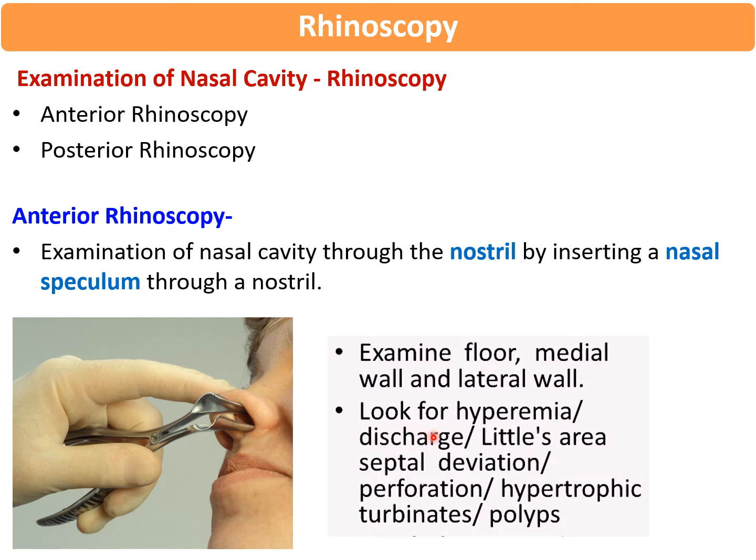If there is any abnormal discharge, we can examine it. We can examine Little's area, where we have rich vascular anastomosis. We can see if there is any septal deviation, any perforation in the wall, if the turbinates or the conchae have enlarged, or if there are any polyps in the nasal cavity. So these can be viewed by anterior rhinoscopy.